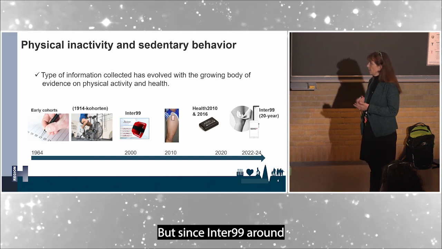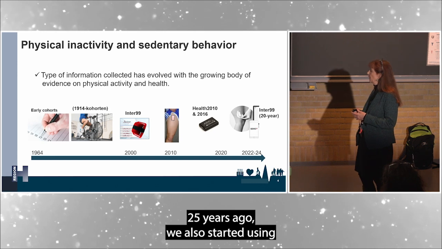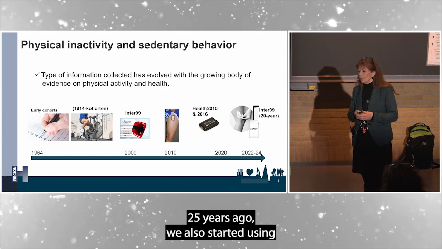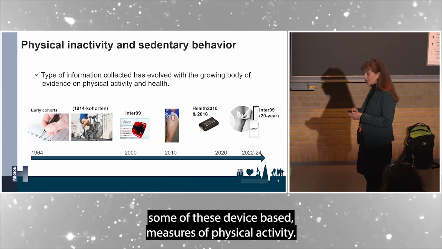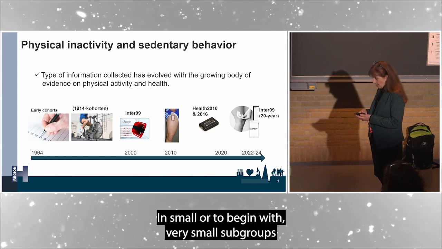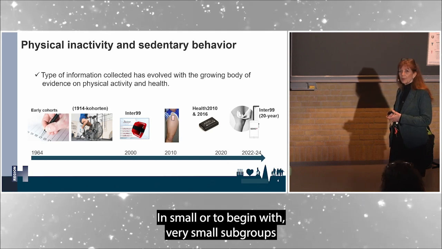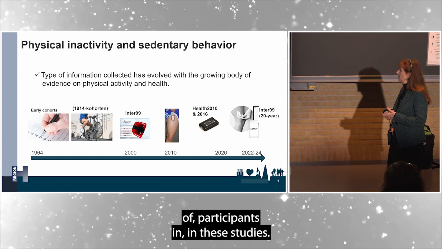But since Inter 99, around 25 years ago, we also started using some of these device-based measures of physical activity in small, or to begin with, very small subgroups of participants in these studies.